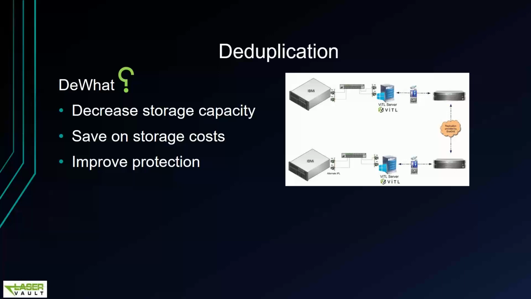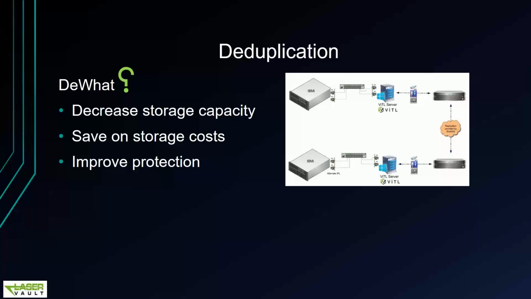So what you end up with is a decrease in the required storage of your tapes, meaning you store all your virtual tapes online with less capacity. You're definitely saving on storage costs and disk space, and you're also improving protection of those backups.